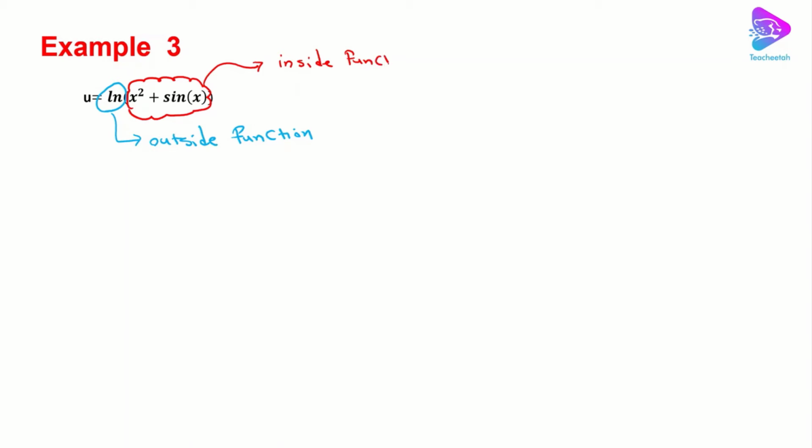And what we have to do again is take the derivative of the outside first, keep the inside as it is, and multiply it with the derivative of the inside function.